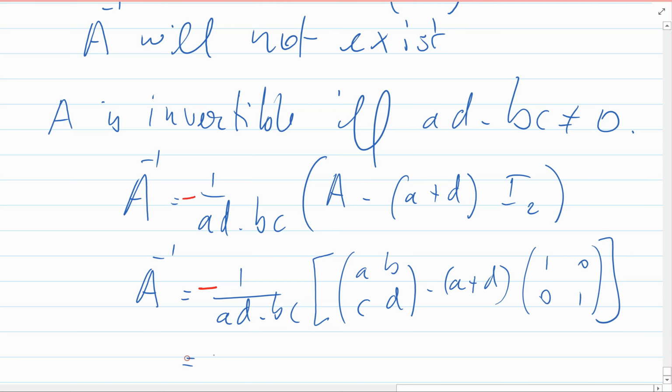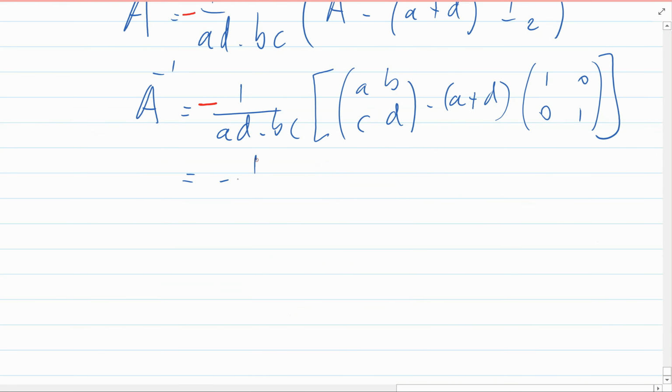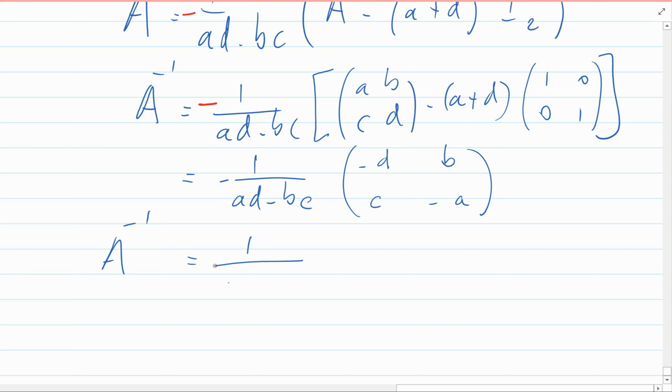So this will give me minus 1 over AD minus BC times [A minus A, 0; 0, D minus D], B minus 0, C minus 0, and then D minus D is gone, minus A. And if I remove the minus, I will find 1 over AD minus BC, the determinant, times [D, minus B; minus C, A].